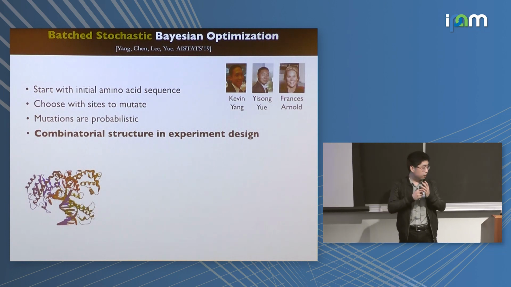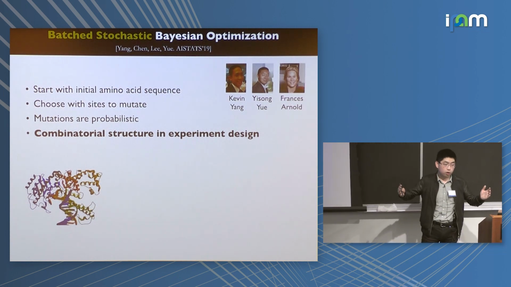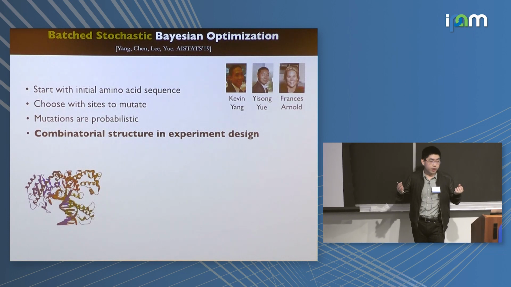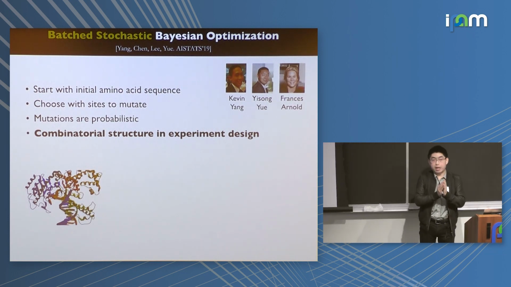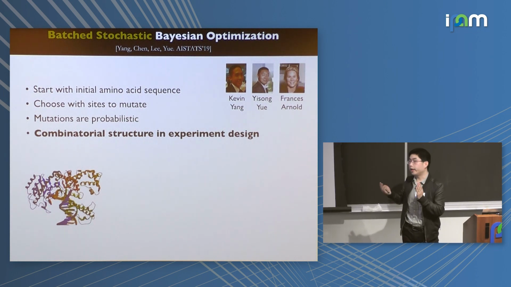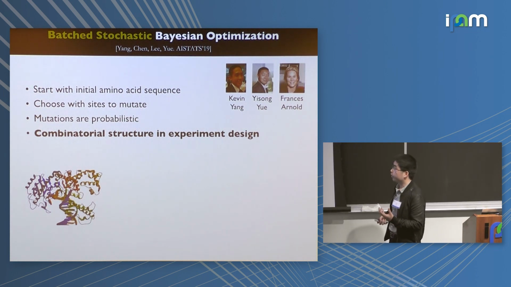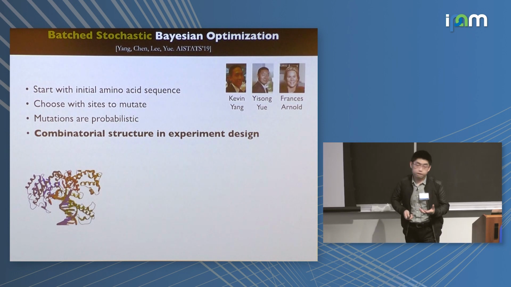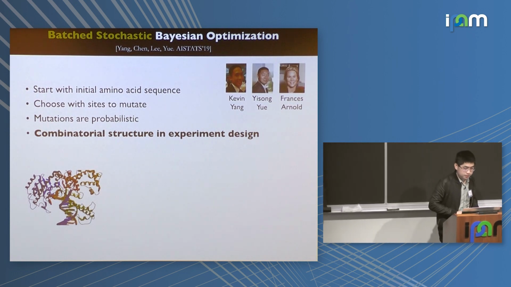Say they're given a protein sequence of length 7. At every position, there are 20 possible amino acids. So there are already 20 to the 7 possible configurations that they should consider, which is not feasible to traverse.